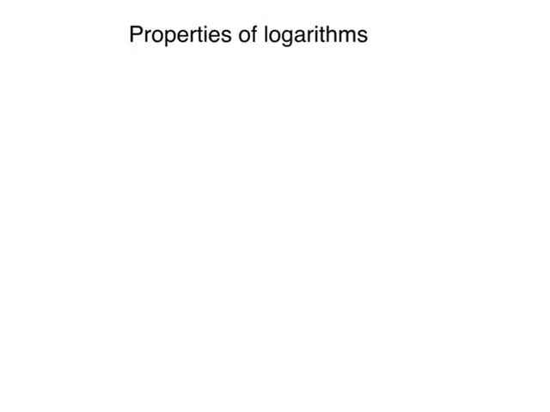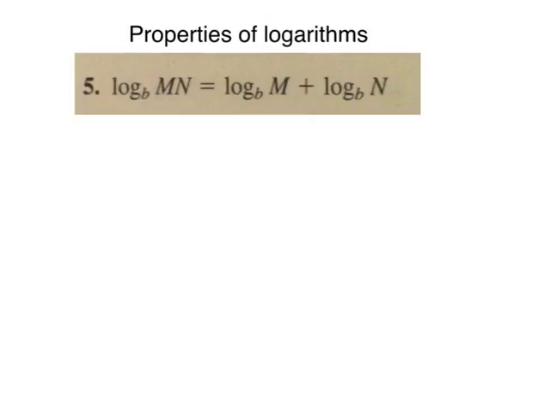Now let's take a look at some of the expanding and condensing properties here. Number 5 says if the expression is log base b of m times n, you can break that up into addition: log base b of m plus log base b of n.